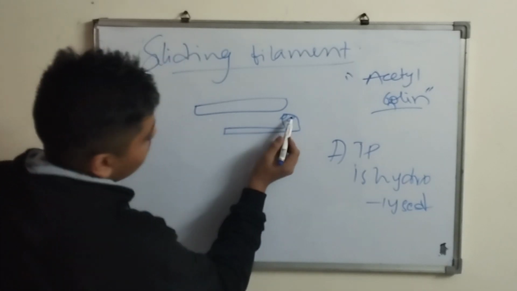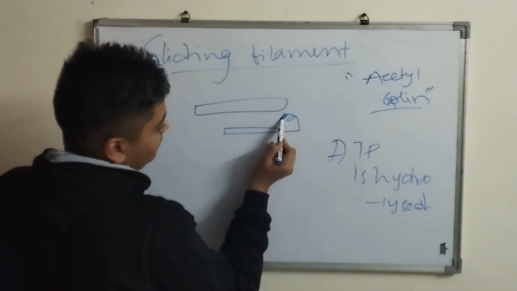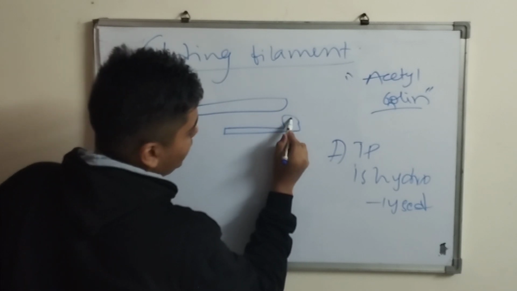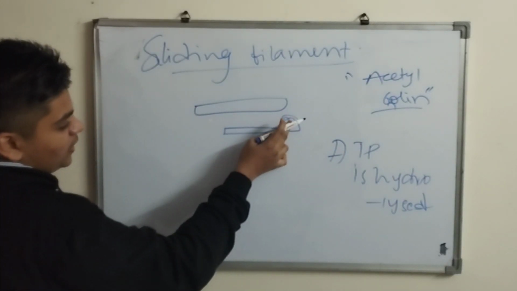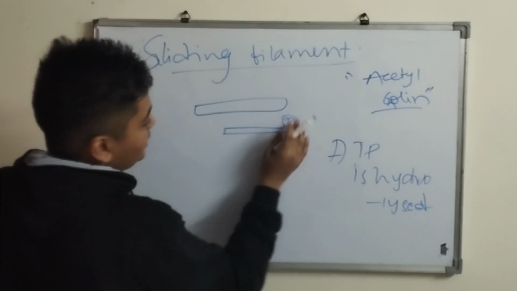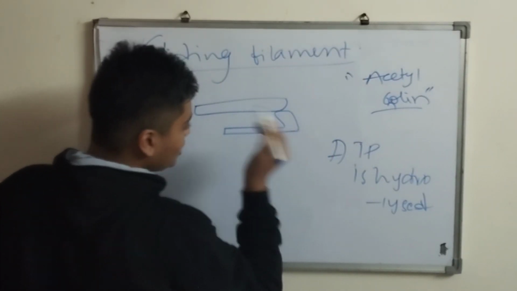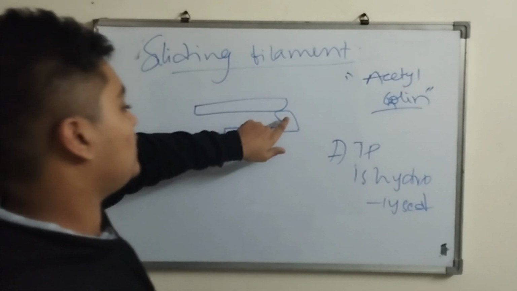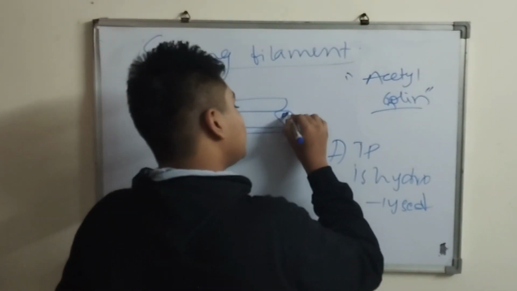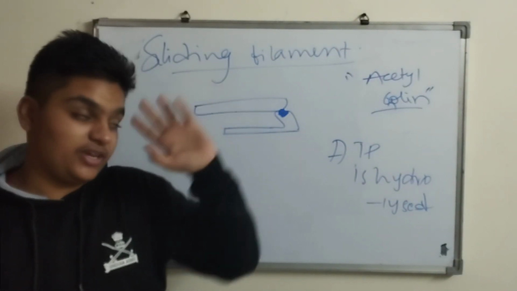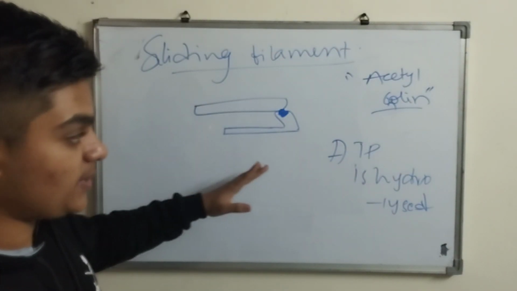When the ATP is broken down, the myosin head binds to the actin filament with the help of the actin binding site here on the myosin head.